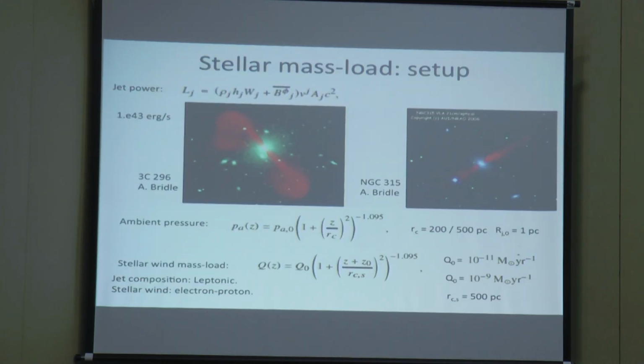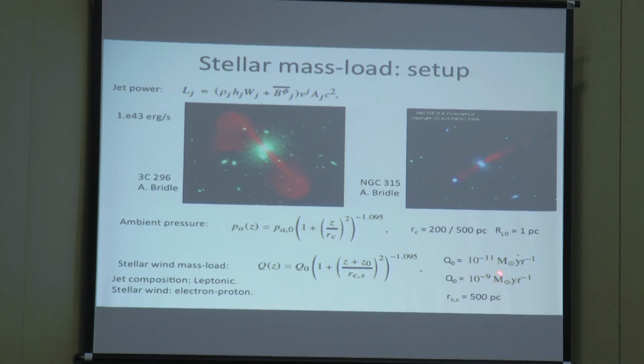This is all set up in such a way that, again, we have ambient pressure falling with distance, only one dimension, right? So only z. And stellar mass load distribution that also changes with distance, in order to account for the change of the stellar number density with distance to the nucleus. And we pretend to study the deceleration of sources like these ones.